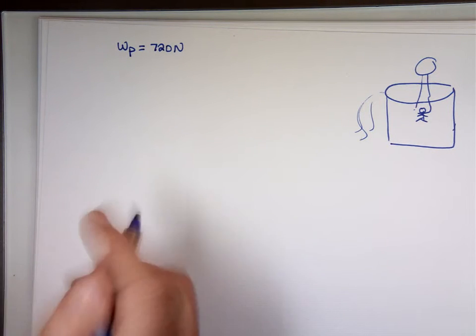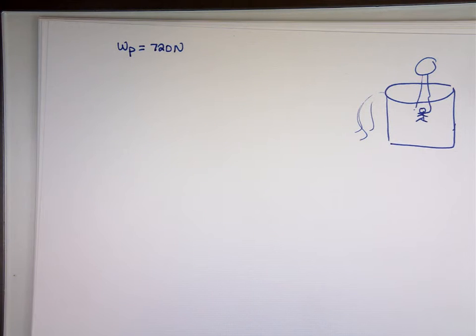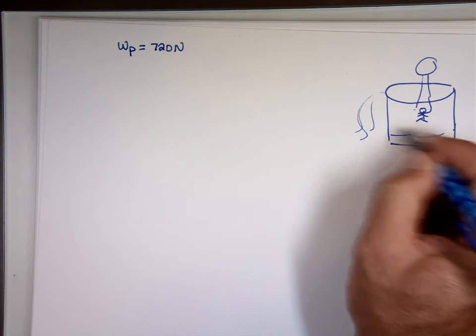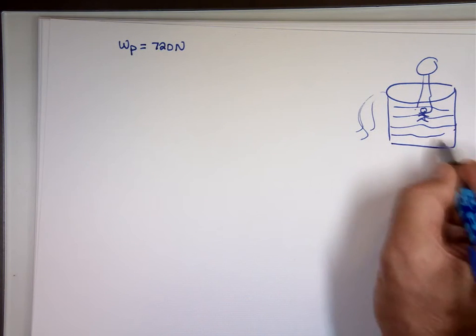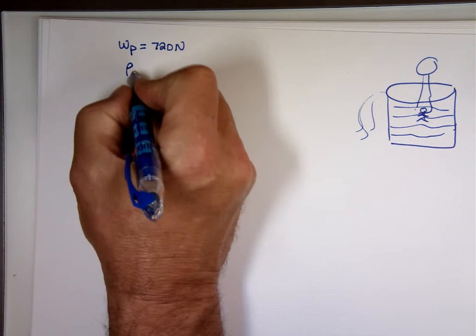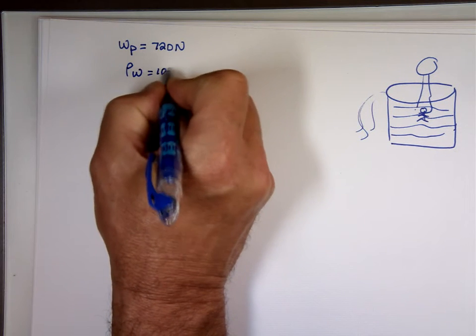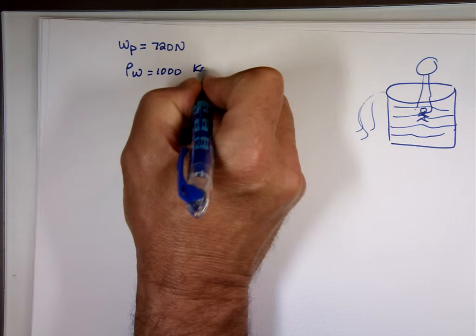So this person has a weight of 720 in air, lowered into a tank full of water. We know rho for water is roughly 1,000 kilogram per meter cubed.